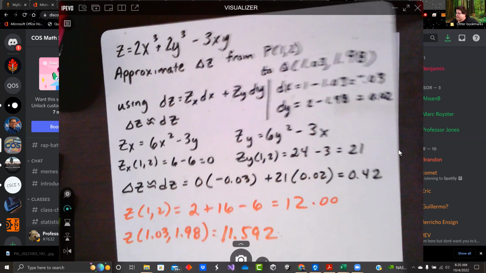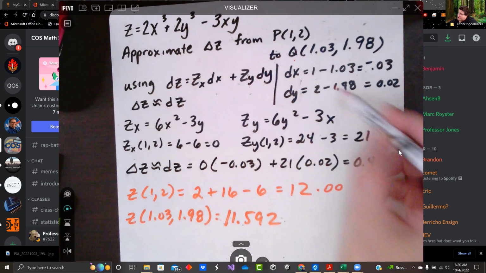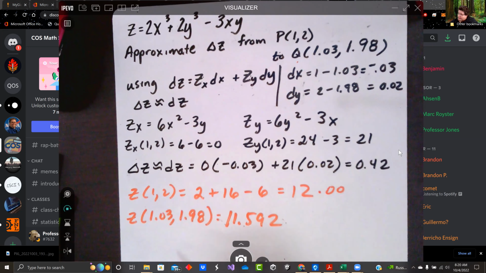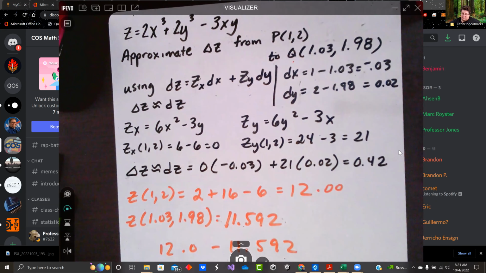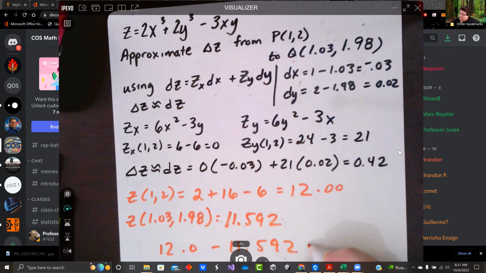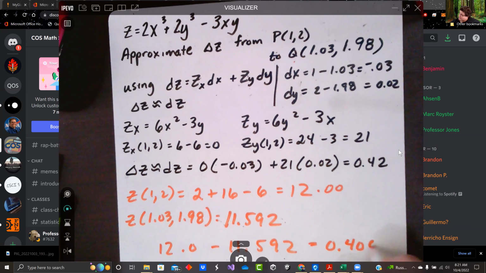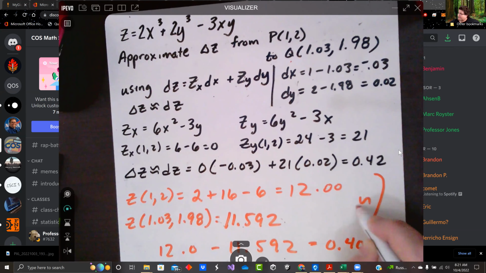So I did make an error. Okay, so if we do 1, 2 minus 1.03, 1.98, following that same order, 12 minus 11.592 gives 0.408. So these are approximately the same. They're close.